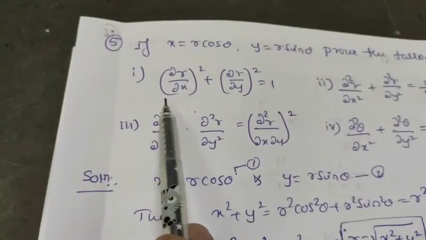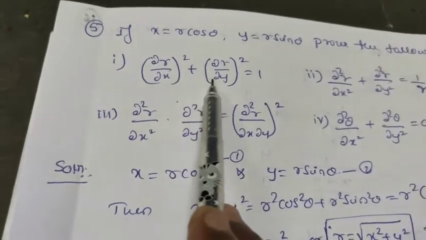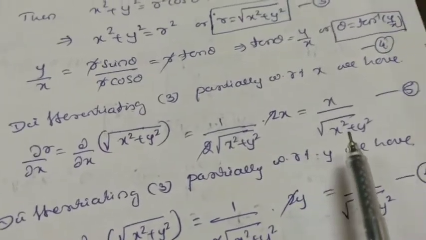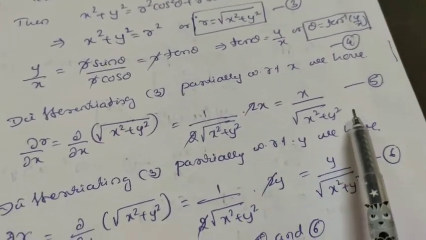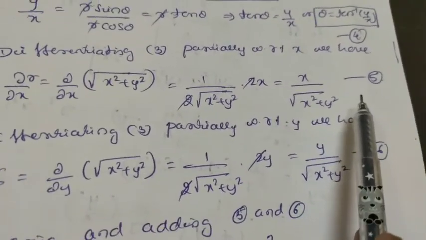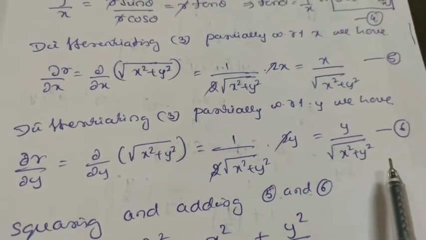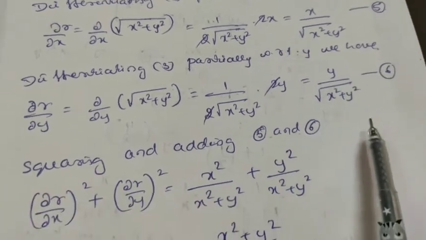Now we have to find, first question, (dou r by dou x) whole square plus (dou r by dou y) whole square. In equation 5 we got the value of dou r by dou x, and in equation 6 we got dou r by dou y. Let us square and add equations 5 and 6.